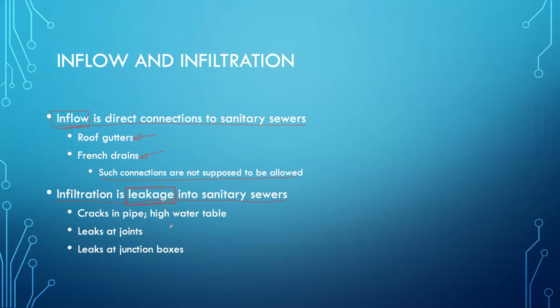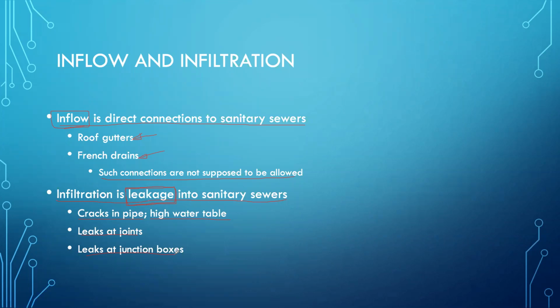Infiltration, on the other hand, is even more nobody's fault. Pipes crack, especially if they're crack pipes, so that's almost funny. High water table, leaks that occur at joints, leaks at junction boxes, those all provide pathways for groundwater to get into the sanitary sewer system.